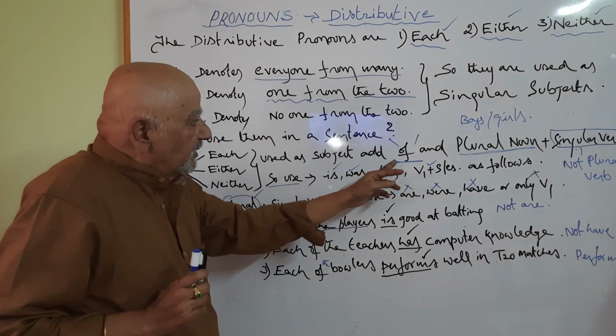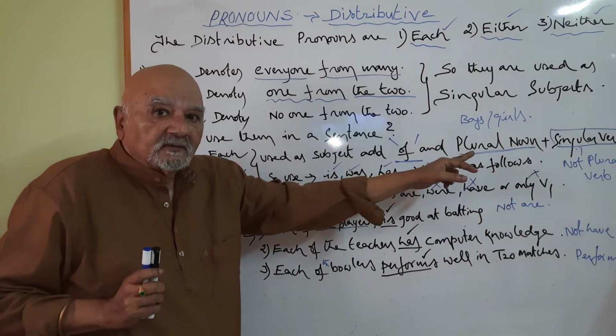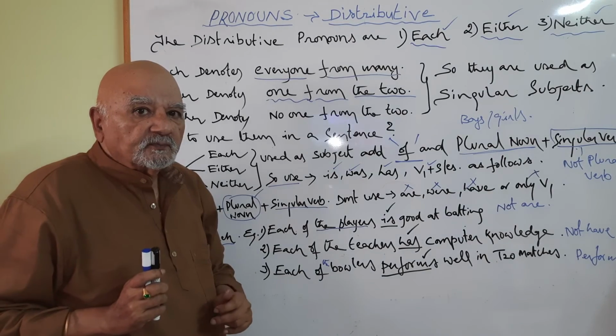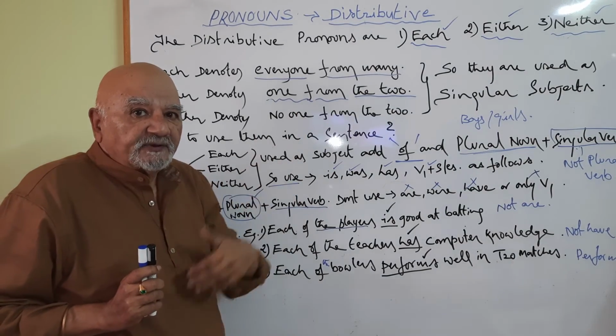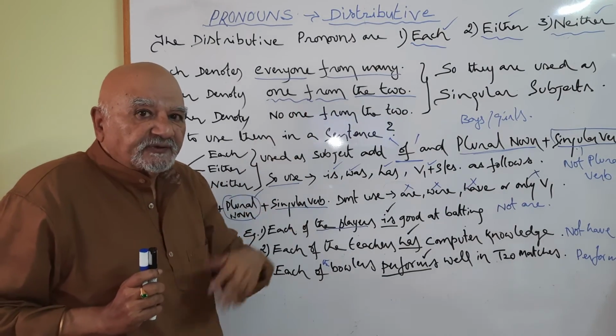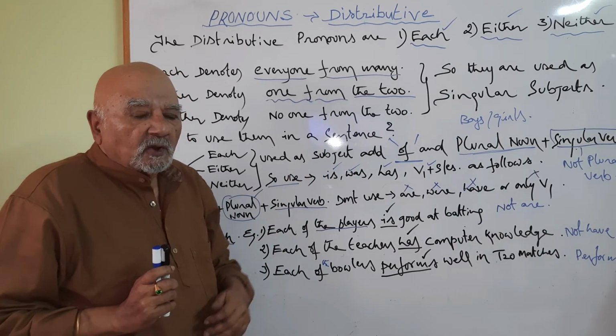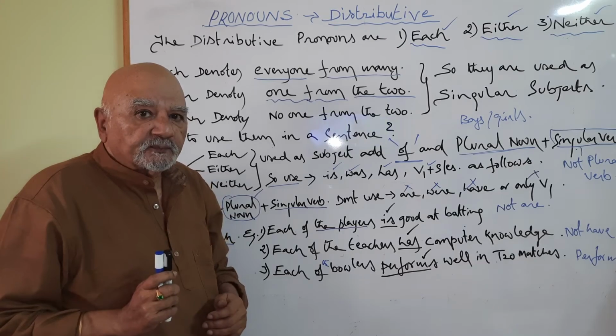So, add of and what is a noun? Not singular, plural. Each of the boys, each of the girls, each of the lecturers, each of the teachers. We can use for animals.